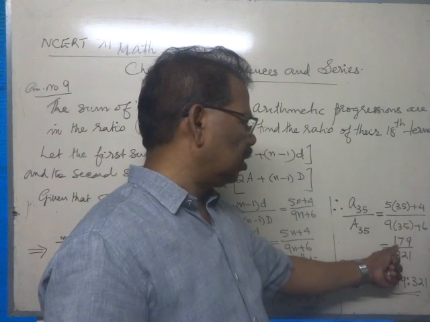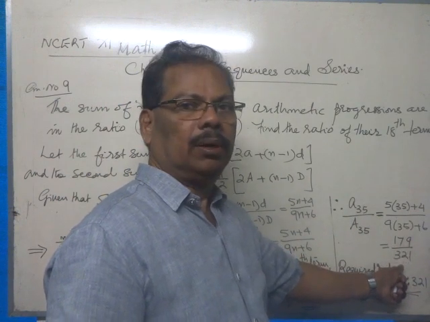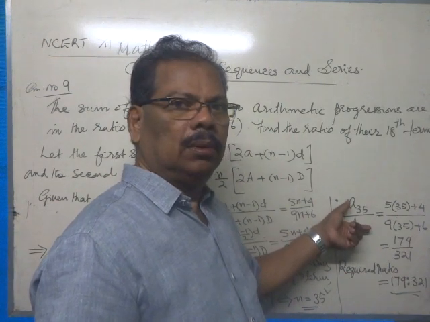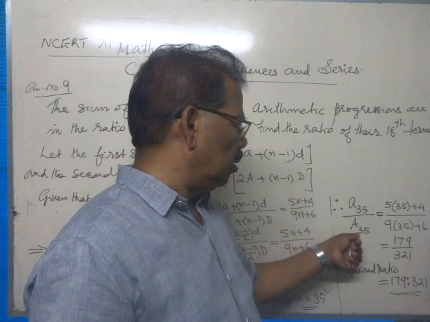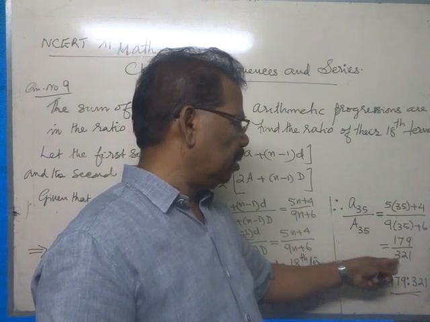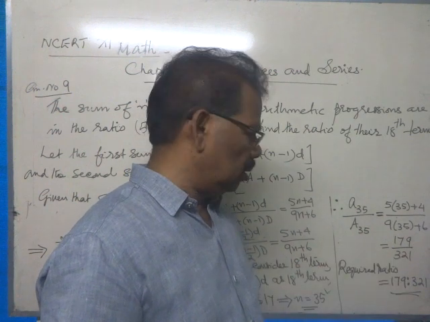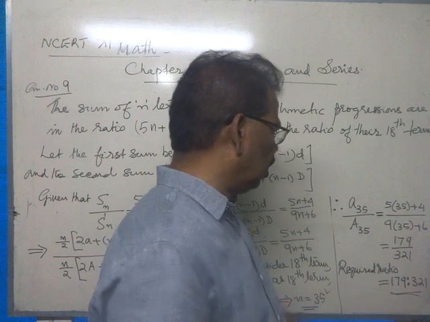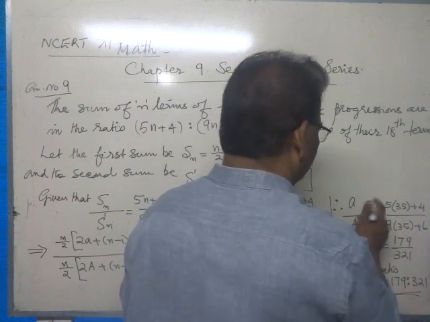And the answer is 179 by 321. This fraction a35 by capital A35 is equal to 179 by 321. This is not 35 but it is 18.